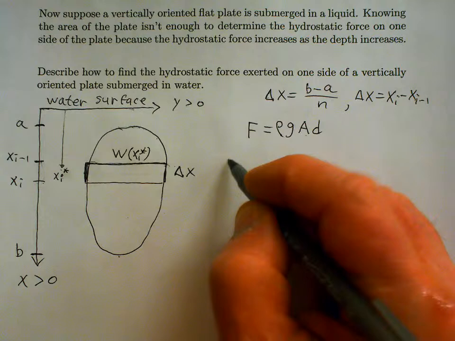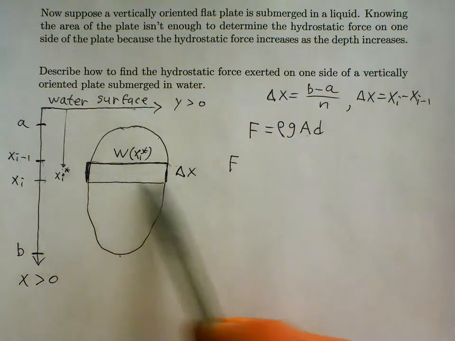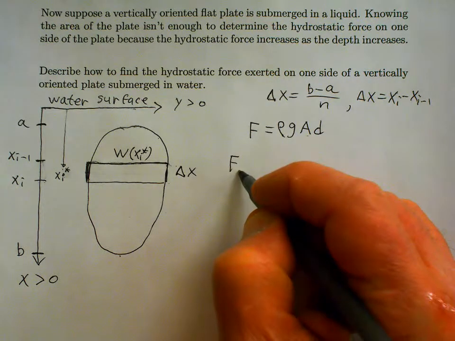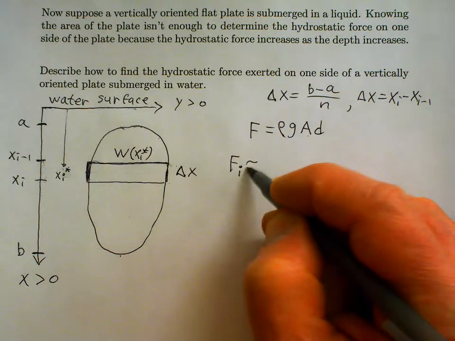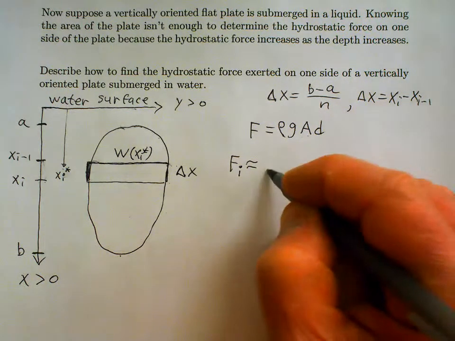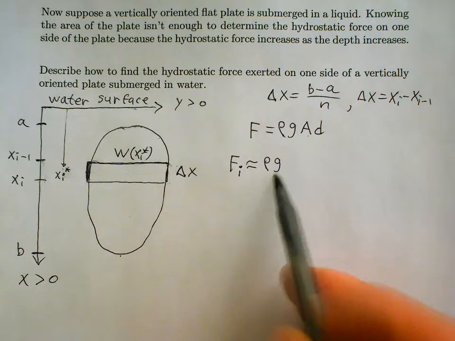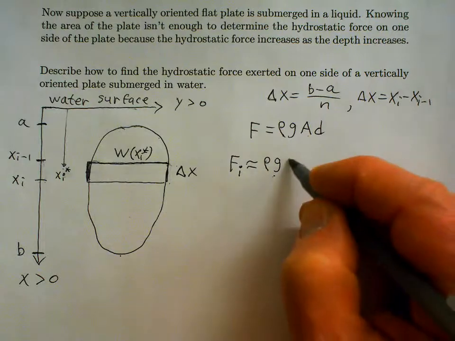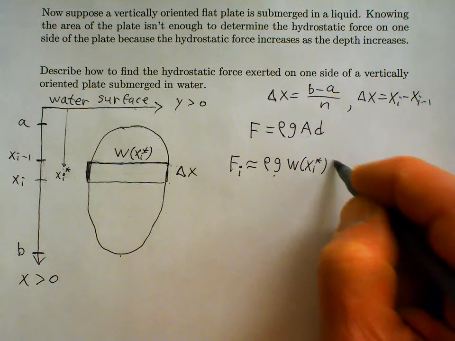So the hydrostatic force on this ith rectangle, I'll refer to the hydrostatic force as F sub I. It's approximately equal to rho times g. Rho times g is always the same. The area of this rectangle is w of x sub I star times delta x.